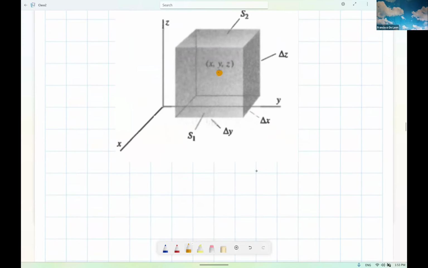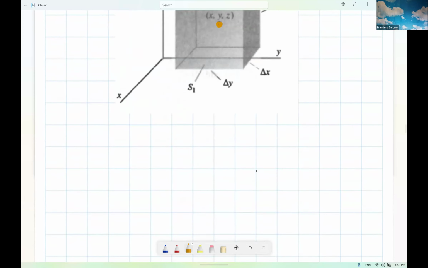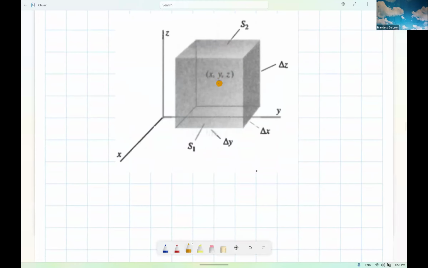So I need to do a surface integral of each surface, right? I need to get this surface and this surface and that surface and that one and that one, right?